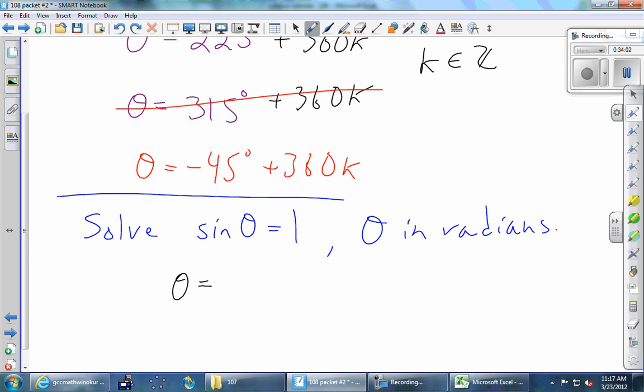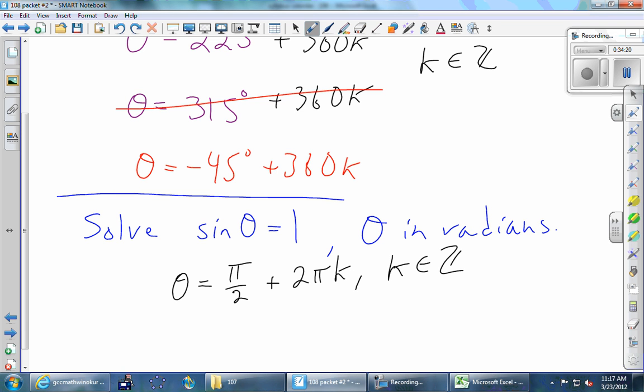So can we find a fundamental solution? Pi over 2 works, right? That gets us to the top of the circle. And if we're putting pi over 2, then what are we adding at the end? 2 pi times k.